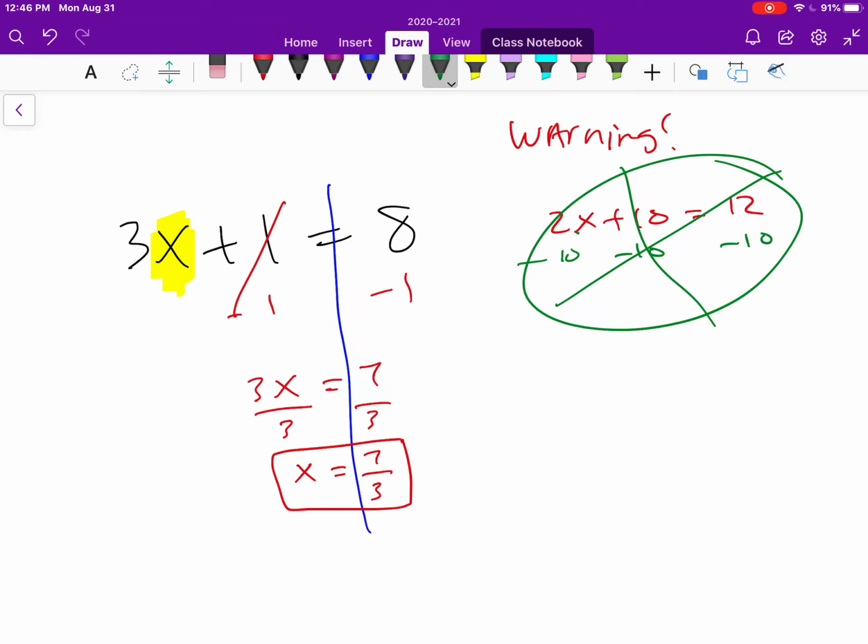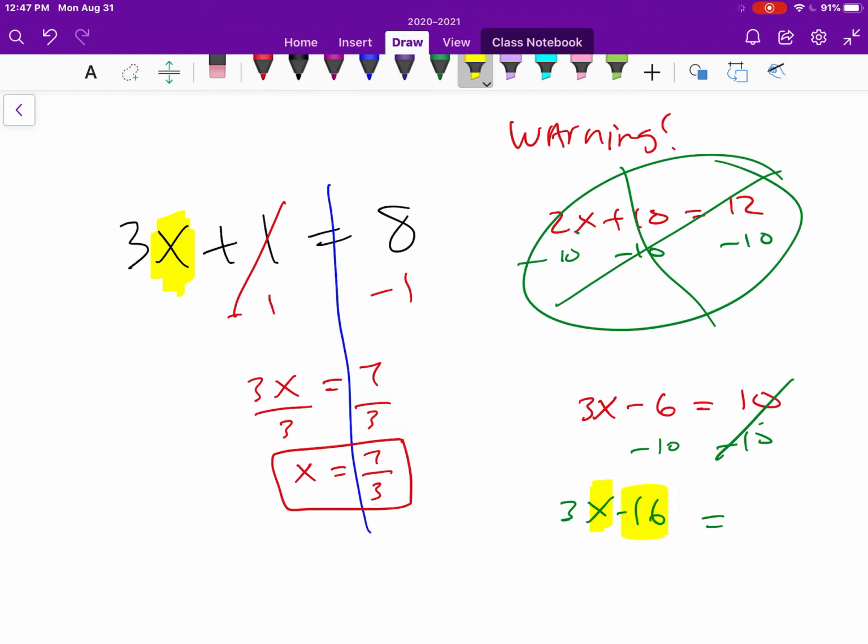Now the other part I will warn you about is that let's say we have 3x minus 6 is equal to 10. If you do this, where you minus 10 on both sides, minus 10, and then this goes away. Now, what happens here, you'll have this, but this is not going to help you solve for x. Because what we want is to isolate the x by itself.